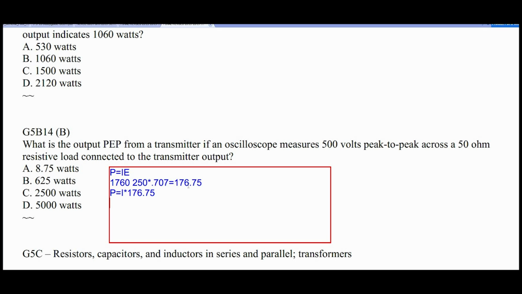We do know that power equals I squared R, or we can do the voltage squared. So it'll be 176.75 times 176.75. So the voltage squared divided by the resistance of 50 ohms. So let's see what that works out to.